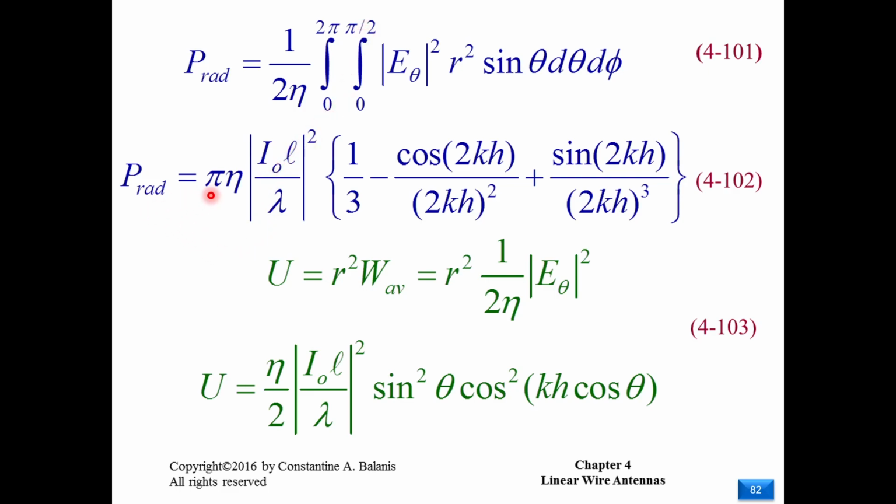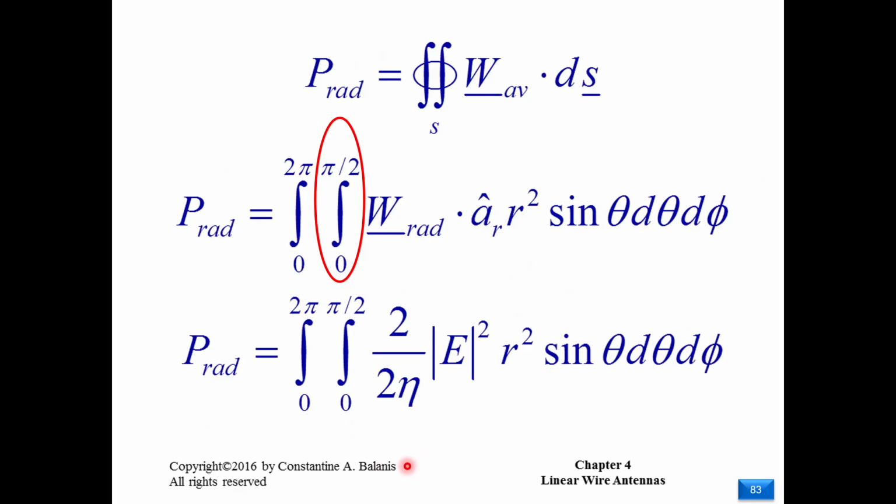The radiated field would have this expression here, and the power intensity is just this multiplied by r square. So we have this expression for the power intensity. Again, the power radiation is over just a half sphere because there is no radiation in the lower half space.